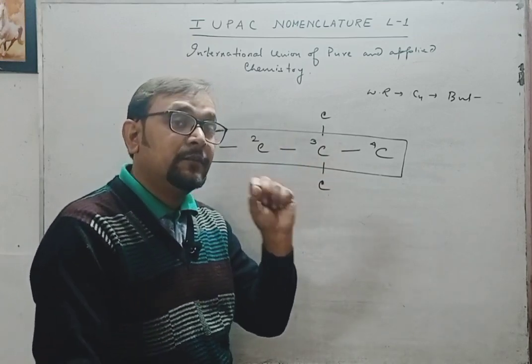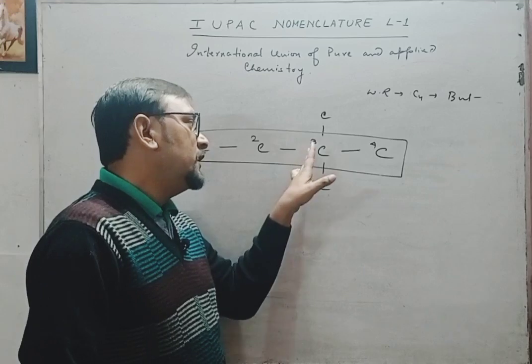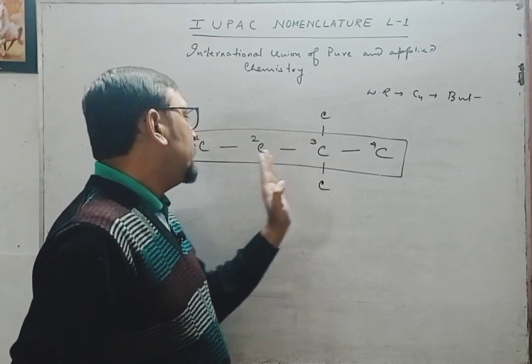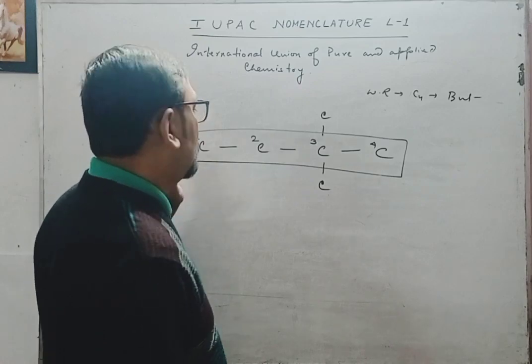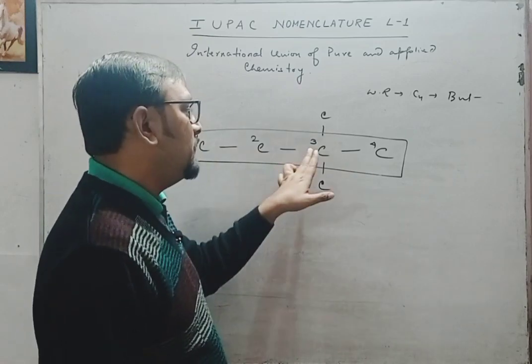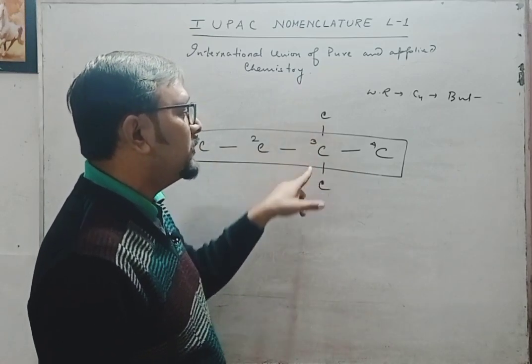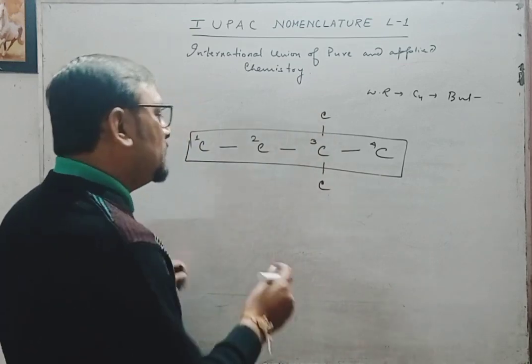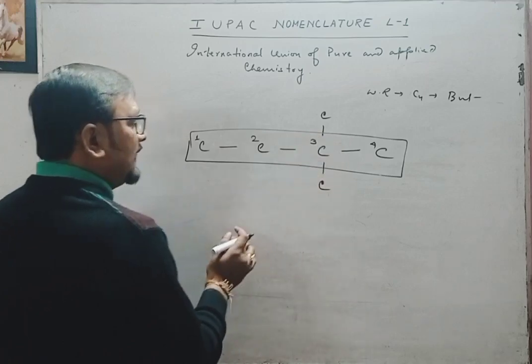The numbering should be given minimum. Okay, here I have given it 3, right? From this side, when I am numbering it from left to right, I have given the third position to the substituent.